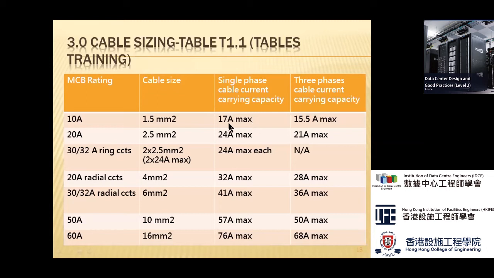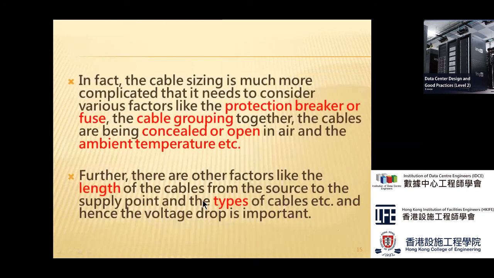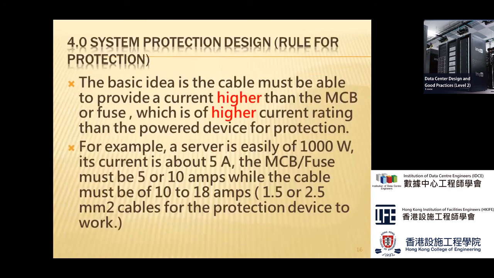So anything less than 17 amp, you can provide with this cable. More than that, you need to choose a bigger cable size. So the basic idea is the cable must provide a current higher than the MCB. In our case, the MCB is 10 amp, the cable is 17 amp, right?